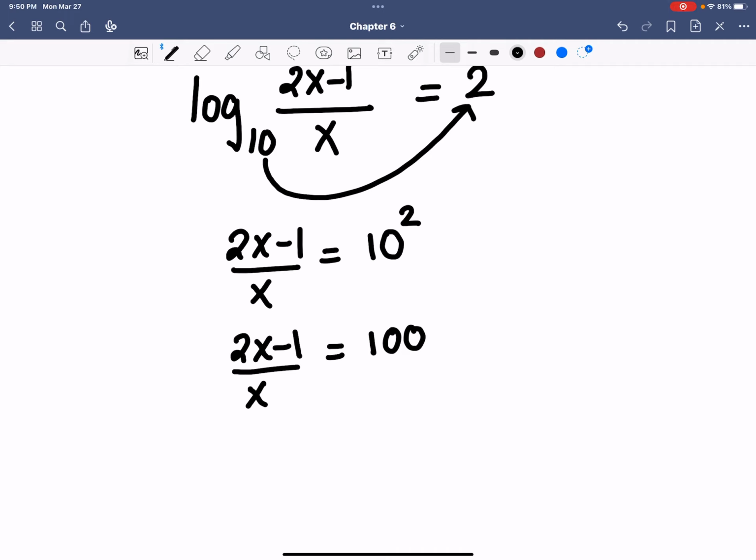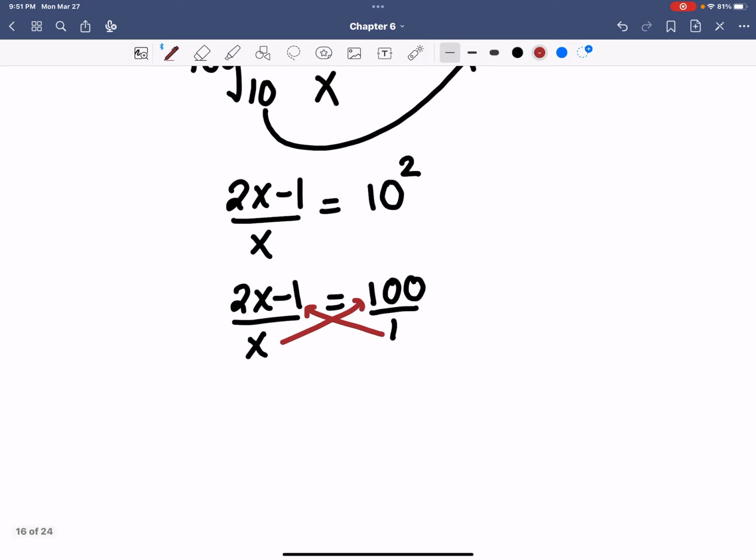And now, what do I have here? This is a fraction. Again, there are so many ways to do it. All I'm going to do is divide 100 by 1, and I'm going to cross multiply. So I have 2x minus 1 is equal to 100x.